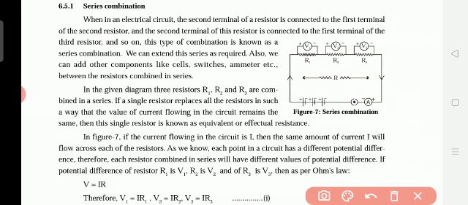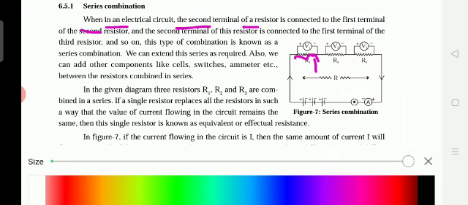Okay. So when in an electric circuit, the second terminal of a resistor is connected to the first terminal of the second resistor. So here, terminal means what? Ending point. Terminal means ending point. This ending point, the second terminal, is connected to the first terminal of the second resistor, and this terminal is connected to this third resistor.